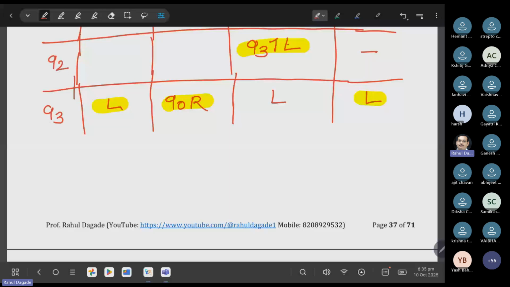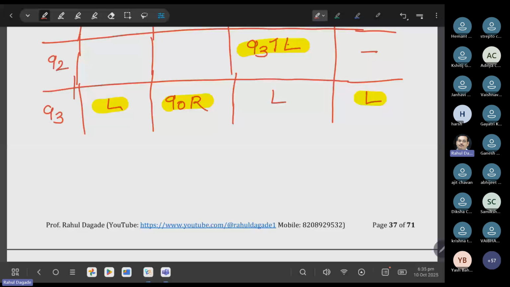Now the pointer comes to the star. At input star it goes into Q0 state with a right movement.